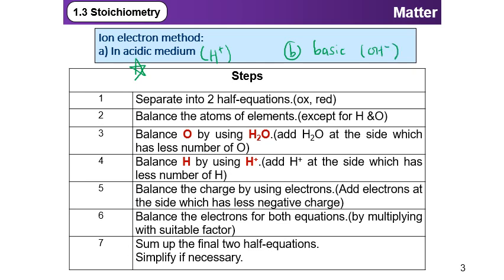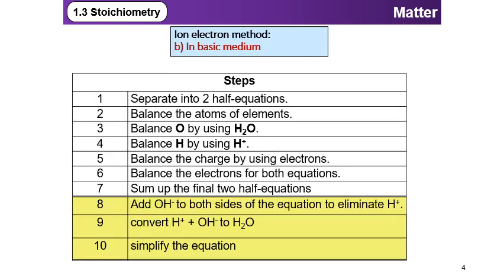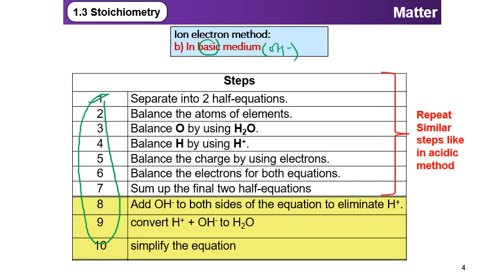For acidic medium, we have 7 steps, while basic medium consists of 10 steps. However, no worry, because the first 7 steps are similar to the ones in acidic medium, so we just add another 3 steps. In other words, altogether you have to remember the 10 steps.